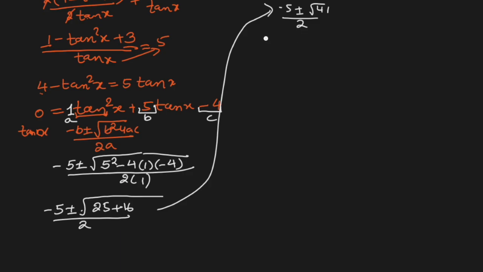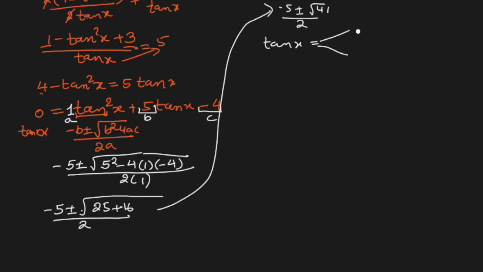So we got two answers for tan x. x is our variable, but we are considering tan x as the variable for the quadratic. So tan x equal to, we get two answers here, minus 5 plus square root 41 over 2, and minus 5 minus square root 41 over 2.